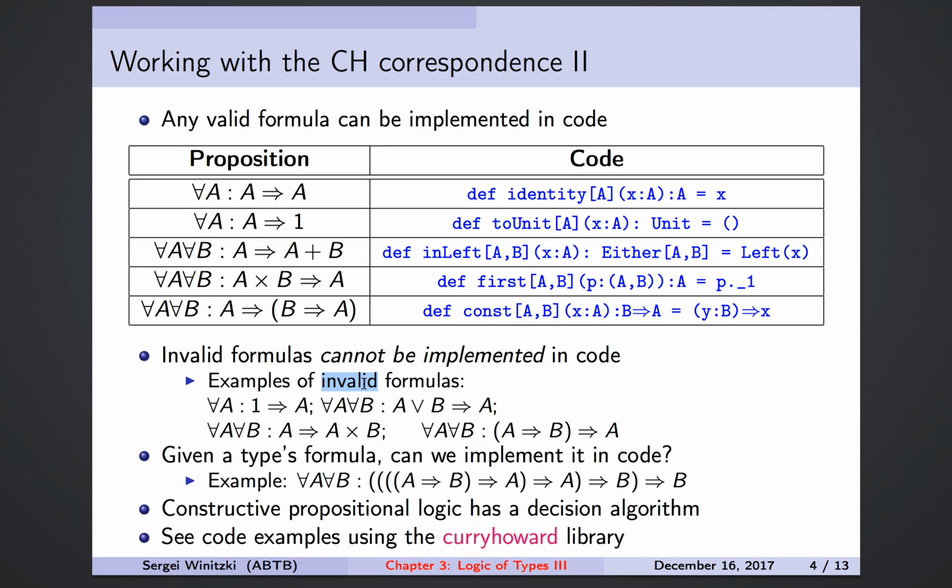In this sense, they're not valid as statements, as propositions. Here's an example. For any A, from 1 follows A. This cannot be proved because you're supposed to produce a proof of A out of a proof of the identically true statement. Well, an identically true statement doesn't need any proof.